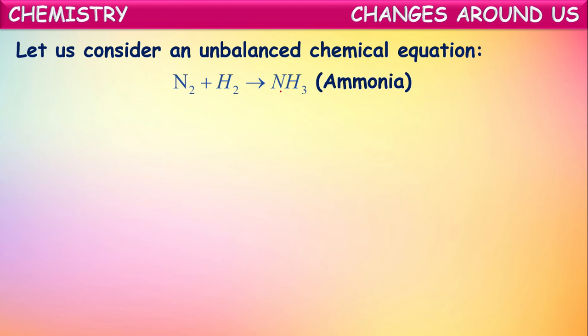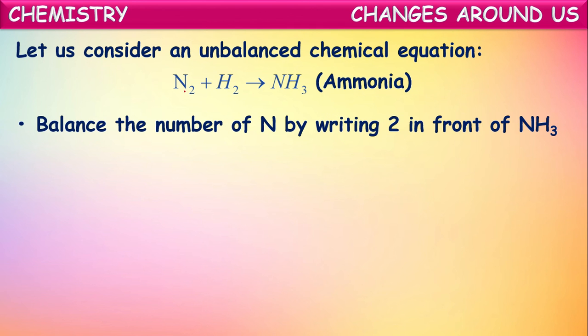What about on the right hand side? There is only one nitrogen atom. So it is not balanced. Even if one element is not balanced, then the overall equation is said to be an unbalanced equation. Now, what we have to do first here: balance the number of nitrogen atoms by writing 2 in front of the ammonia symbol, ammonia molecular formula NH3.